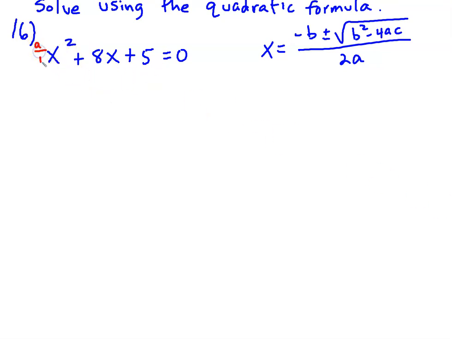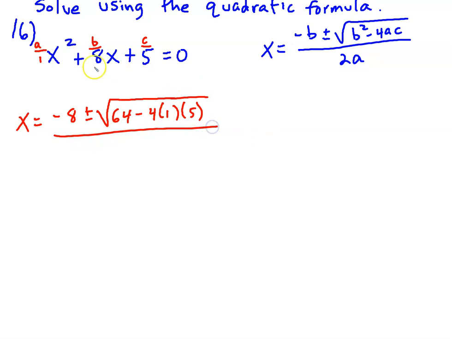So here's a, it's 1. b is 8. c is 5. Okay, so the opposite of b, that's negative 8, plus minus the square root of b squared. 8 squared is 64, minus 4 times 1 times 5. And all of this is going to go over 2 times 1, which is 2.